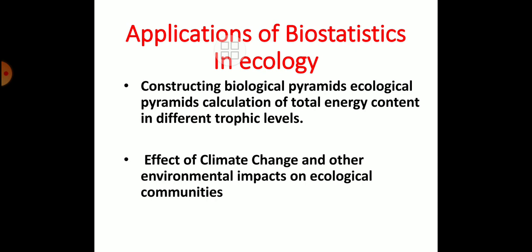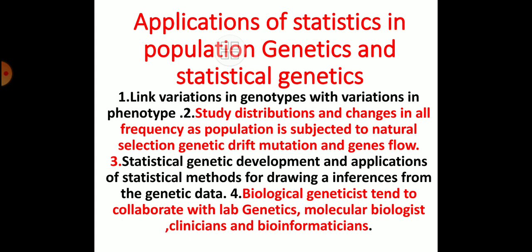And again the most important thing is biostatistical techniques. Here are applications of statistics in population genetics and statistical genetics. So we can link variations in genotypes with variation in phenotype with the help of biostatistics. Then we study distributions and changes in allele frequency as a population is subjected to natural selection, genetic drift, mutation and gene flow.